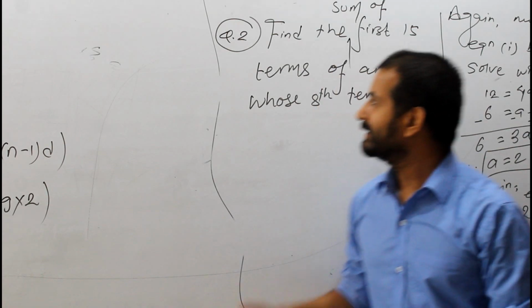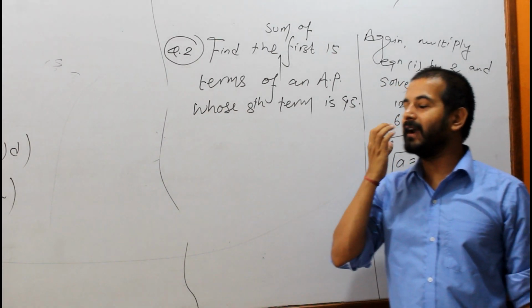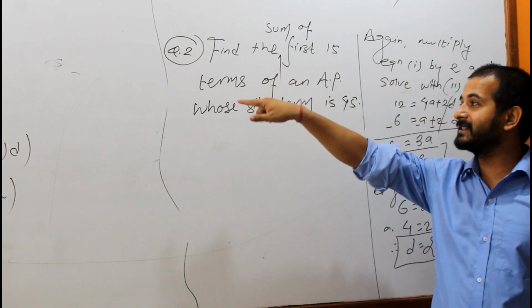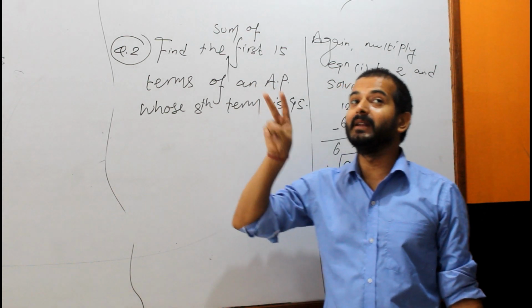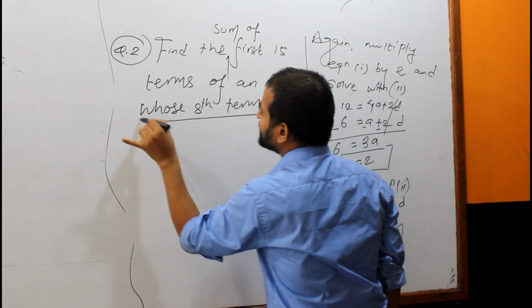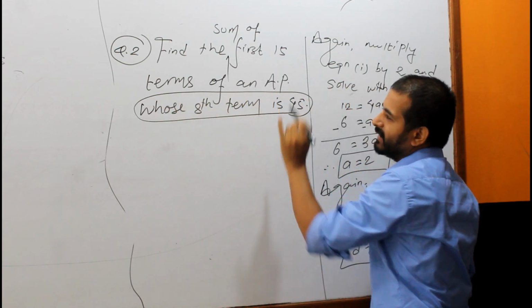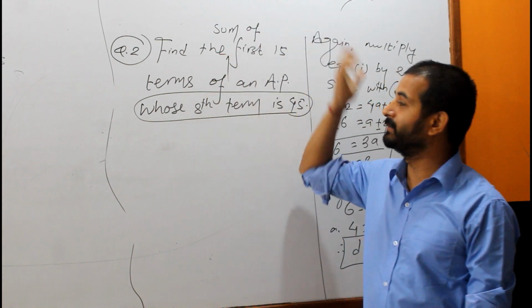My dear students, if you look at this example and the previous example, you will be surprised, because in the previous example two conditions were mentioned. Here only the 8th term is 45. Only this small thing is given, and by this you have to find the sum of the first 15 terms.